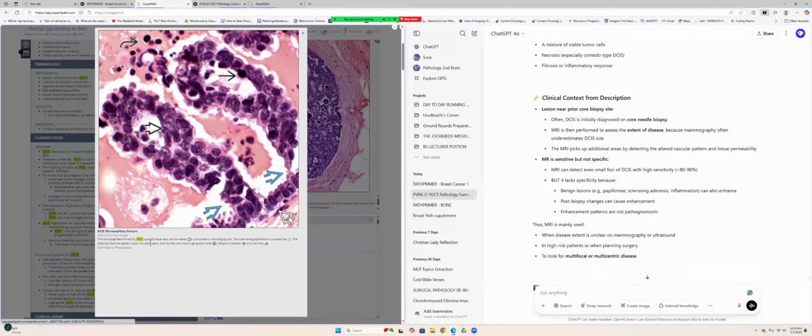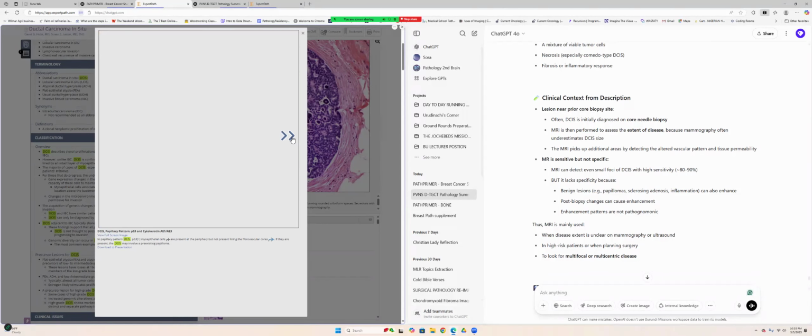The majority have low grade nuclei, but in unusual cases such as this one they have high grade nuclei, frequent mitosis, like the one we have here. Mitosis, and necrosis. There's some necrosis here. I think here too.